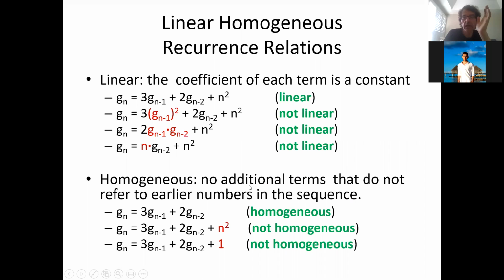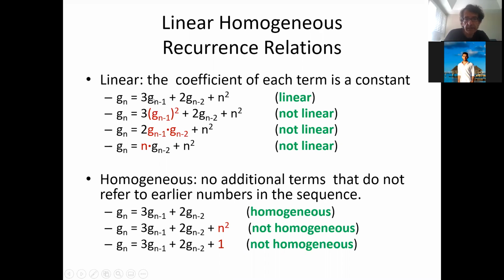Let's first categorize recurrence relations into subgroups, because what we're going to talk about today is solving them for a specific restricted class. This class is called linear and homogeneous recurrence relations. Let's look first at what linear means. So here is a recurrence relation.